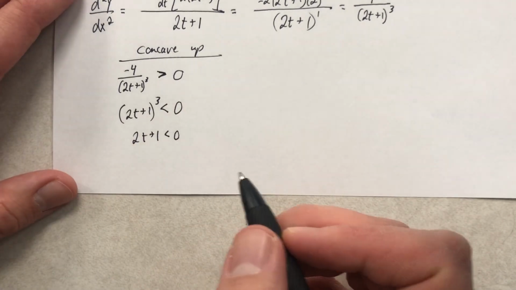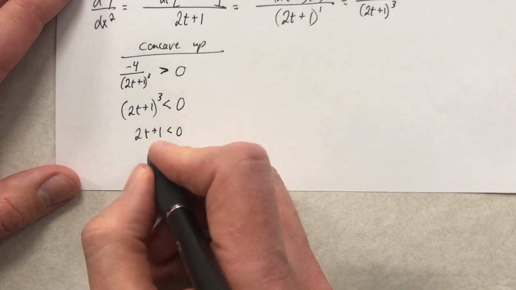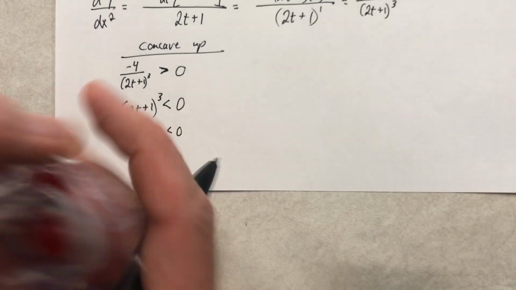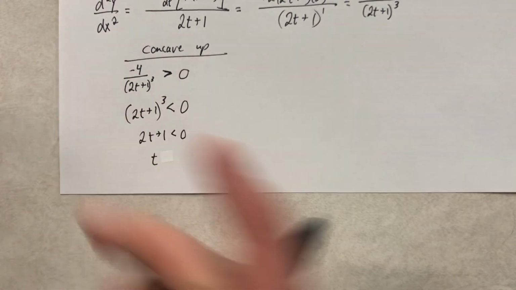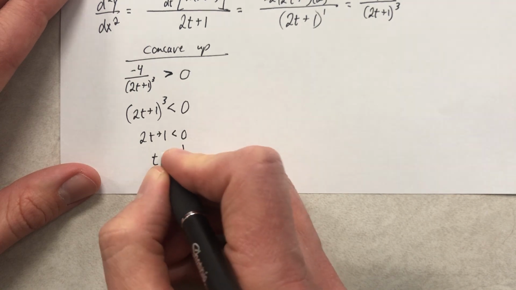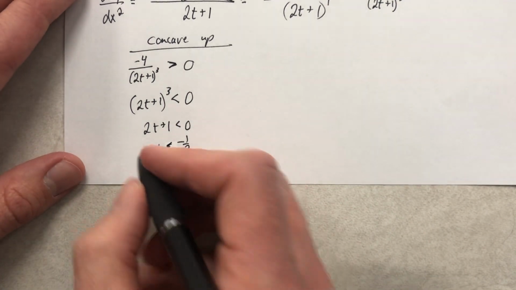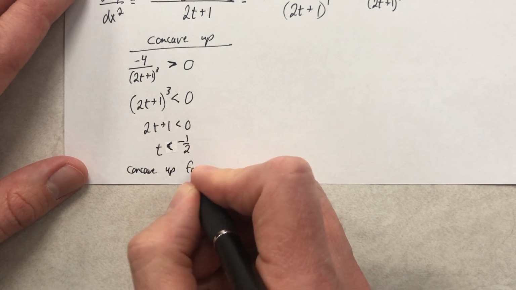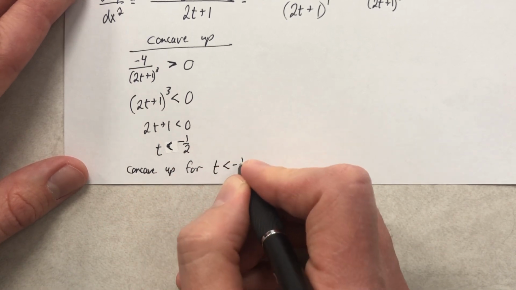Anyway, cube root of 0 is 0. So t is going to be less than negative 1/2. So the answer to the question is this graph is concave up for t values that are less than negative 1/2.